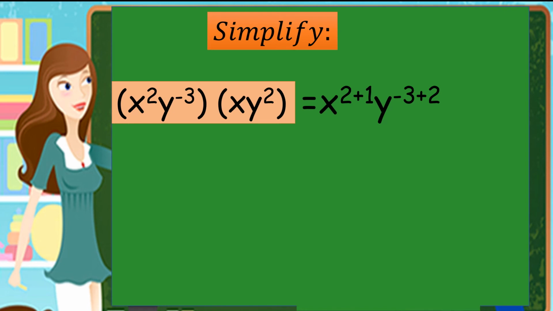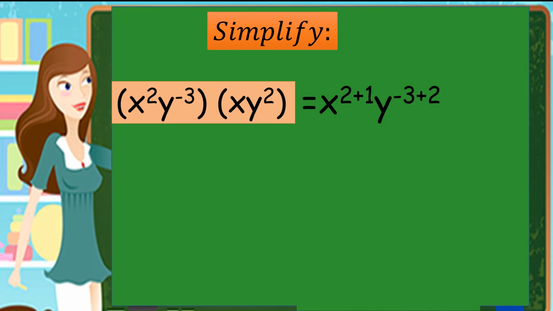May nakikita tayo ditong common base. We have x and x. So, copy x. Then, add the exponent. So, 2 plus 1. And then, y raised to the negative 3 plus 2. Kinopya lang natin yung x at y since pareha sila at ito ay multiplication.